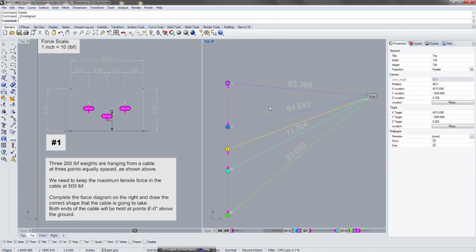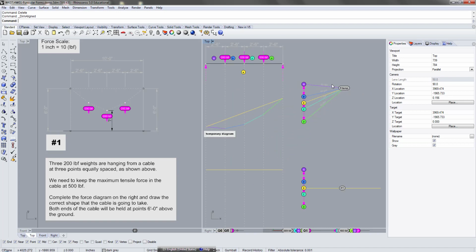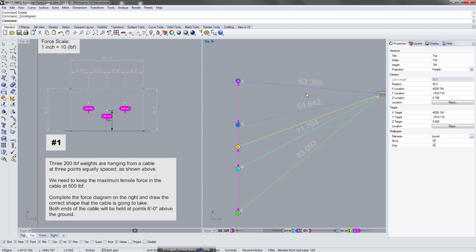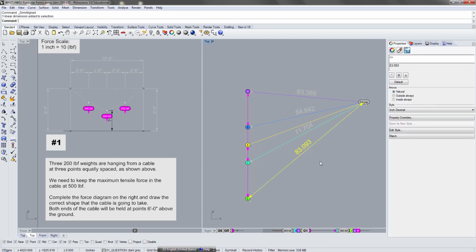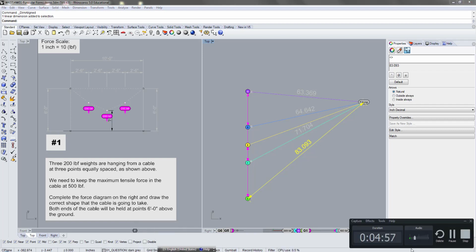So I measured the lengths of all of these lines in this temporary force diagram, and it says 63, 64, 71, 83. So I can tell currently the maximum internal force in the cable, applying the force scale of 1 inch to 10 pound force, is right here, which is something like 830 pound force, which is above what we can have, which is 500.